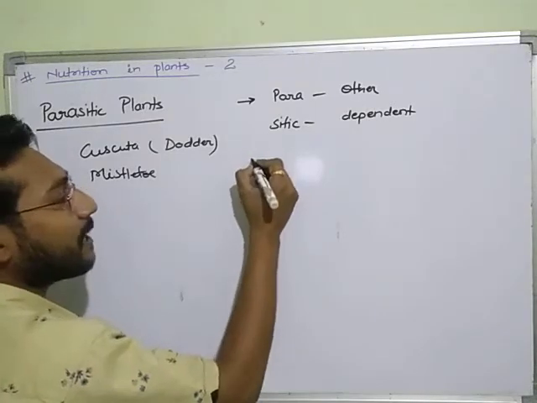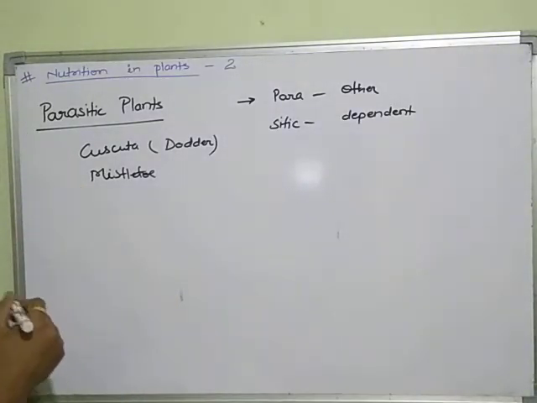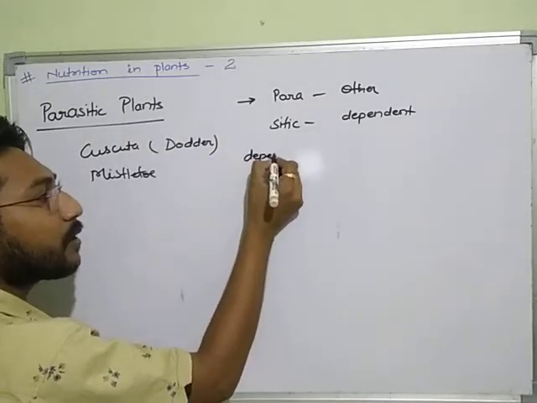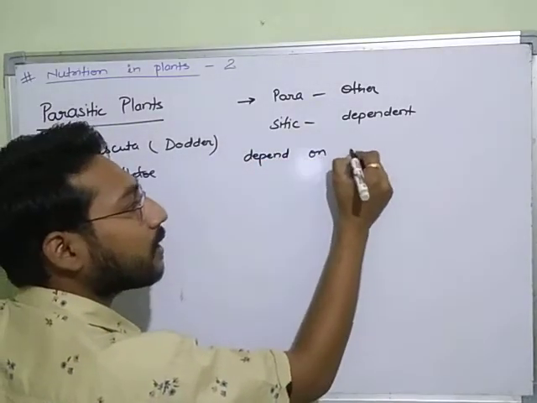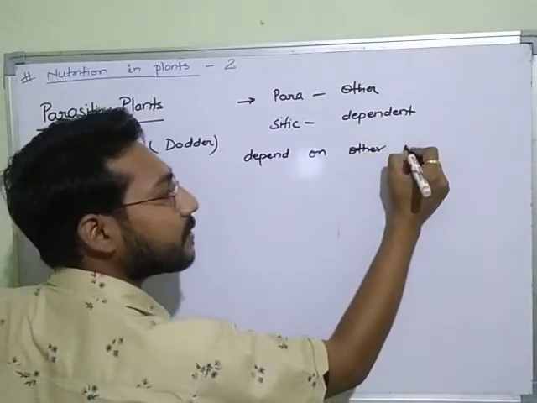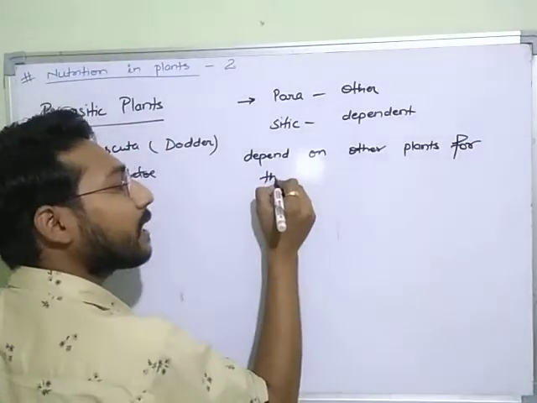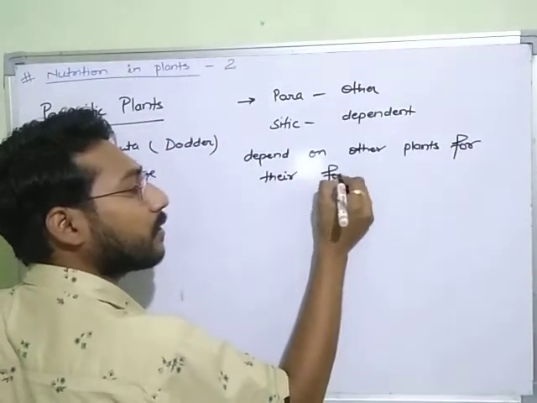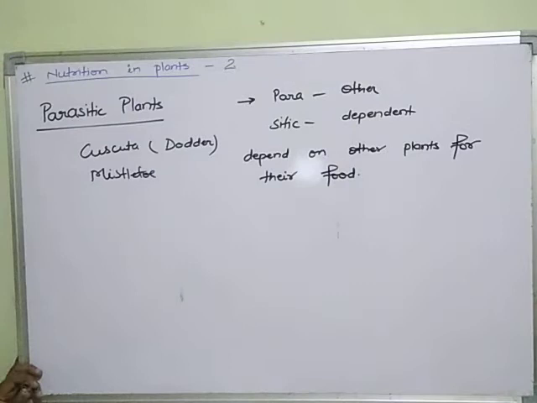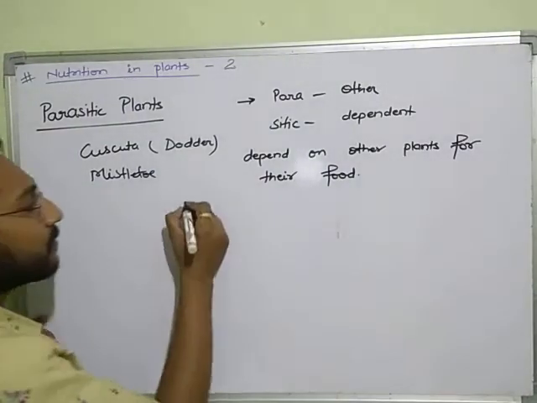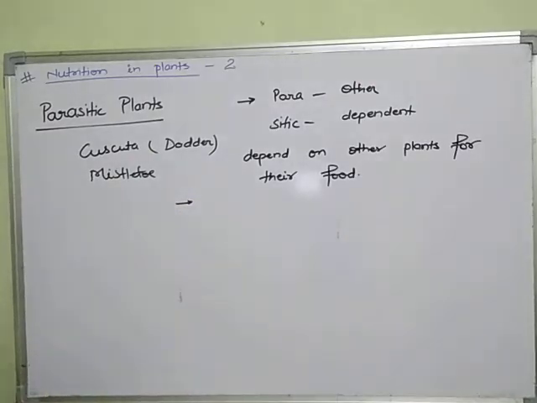So parasitic plants are those plants which depend on other plants for their food. Okay, so these plants are known as parasitic plants. What is the main characteristic of parasitic plants?